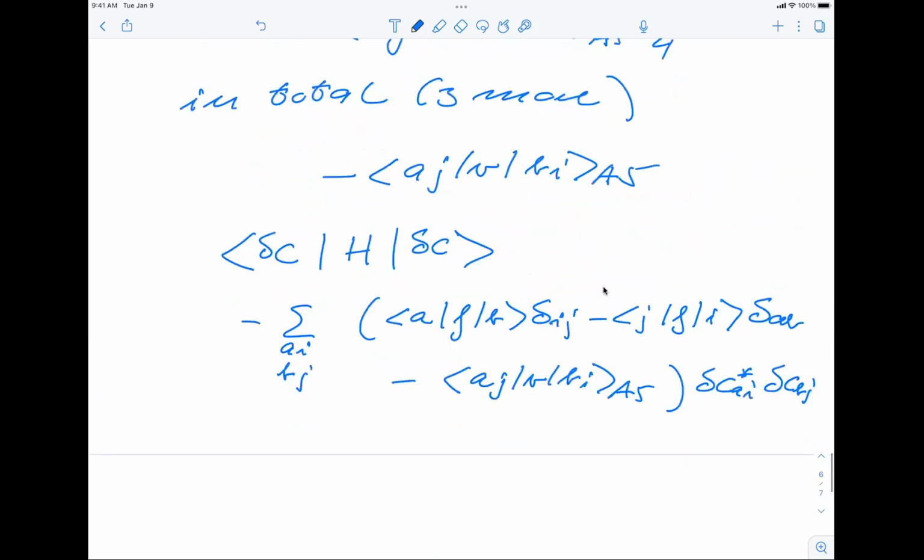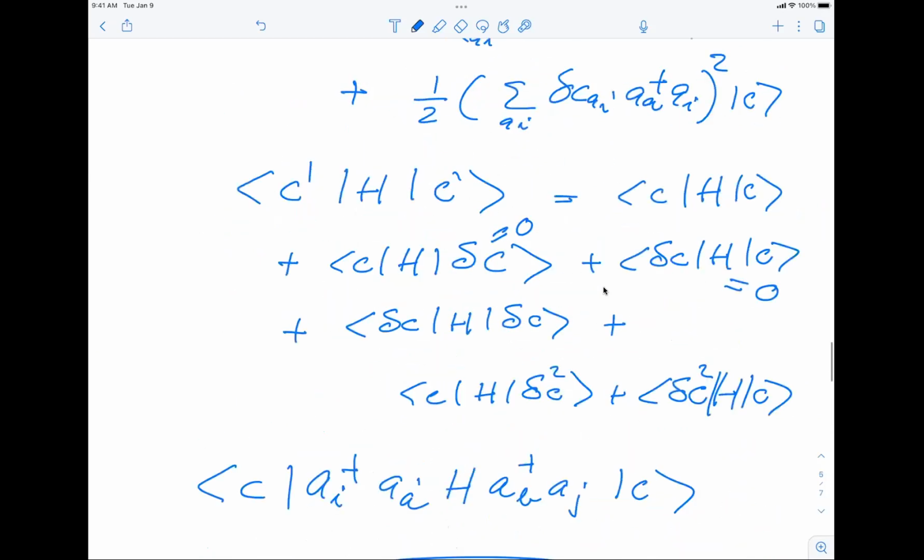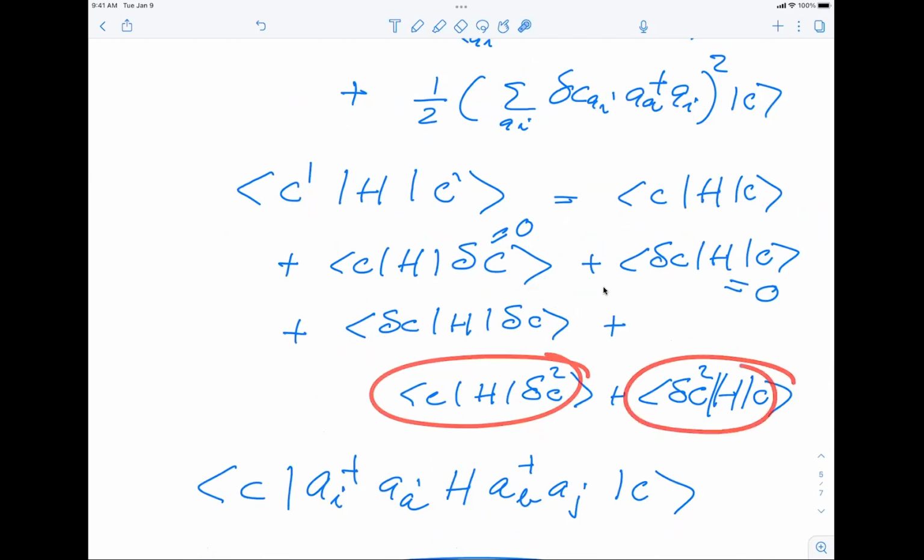So if we go back now, one of the other contractions which we have to look at is this. We actually did this one, and now we have to take this one, and then later we have to take that. So let's do the next one.